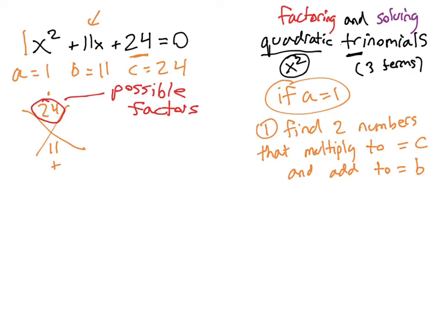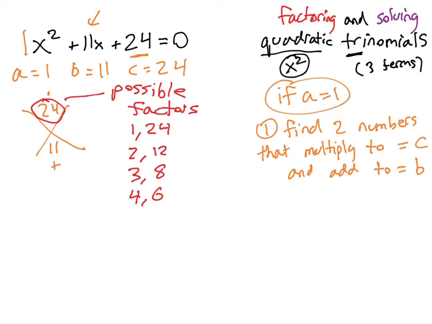So the possible pairs of numbers that we could multiply to get 24 are 1 times 24, 2 times 12, 3 times 8, 4 times 6. And it looks like that's actually all of our factors. I know we're done with our list here because if we keep trying to go bigger, well, 5 is not a factor of 24, and then we get back to 6, but we've already seen 6 times 4.